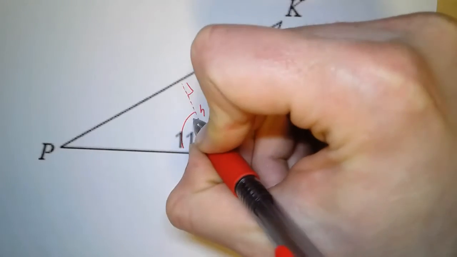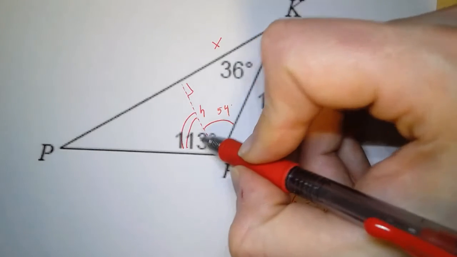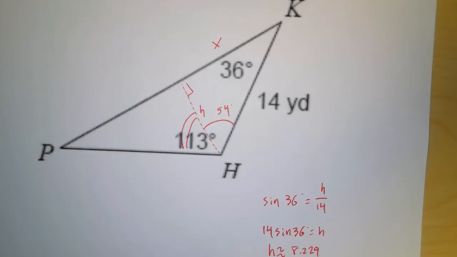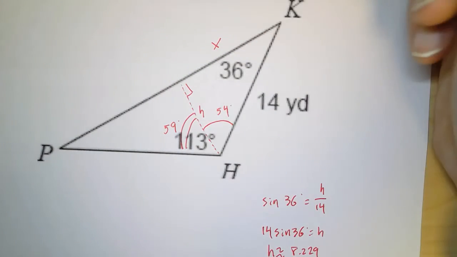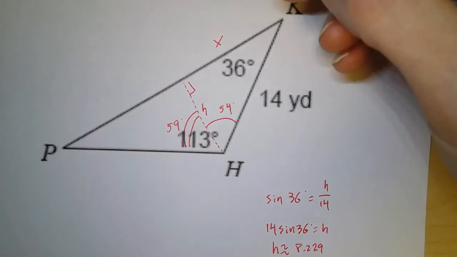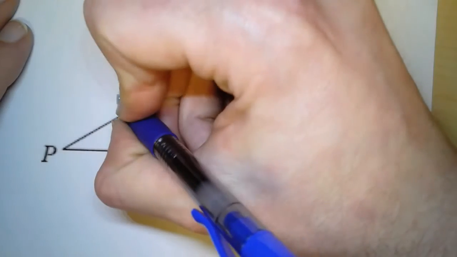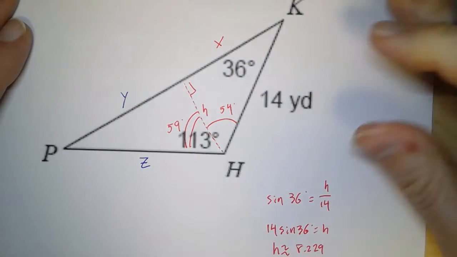So then, what is this angle? Well, this plus this has to add up to 113. So if I take 113 and subtract 54, we get 59 degrees. So now that leaves us to find this part of this triangle and this side of that triangle.